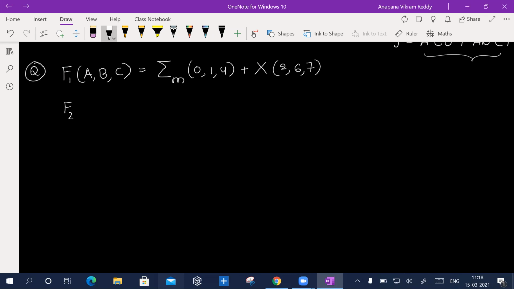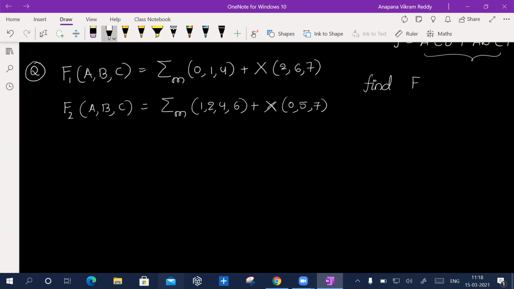F2 of ABC is given as the sum of some minterms, say 1, 2, 4, 6, plus some don't cares. This X indicates don't cares, okay? So 0, 5, 7. Now the question is, find F1 and F2.